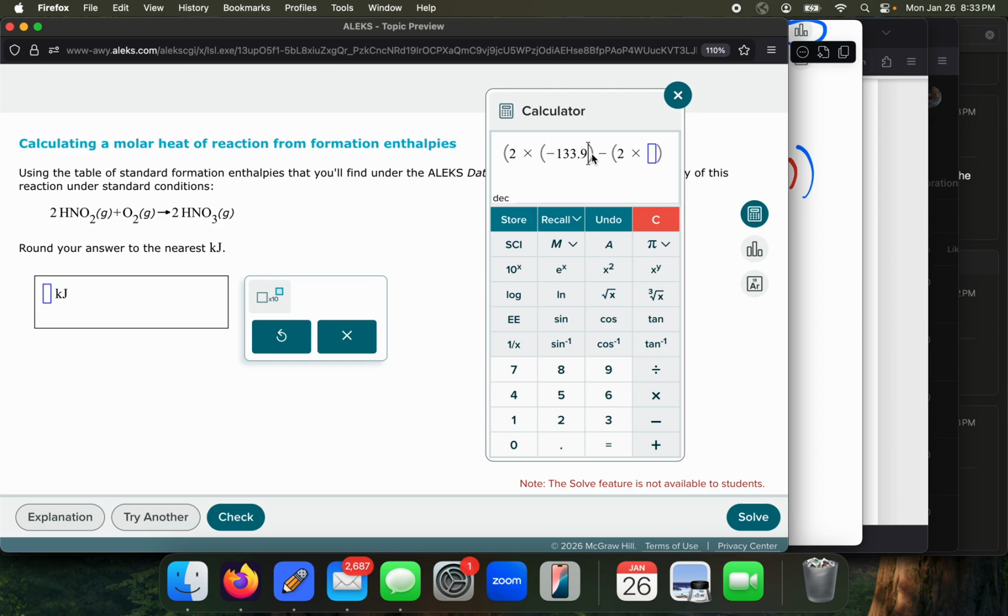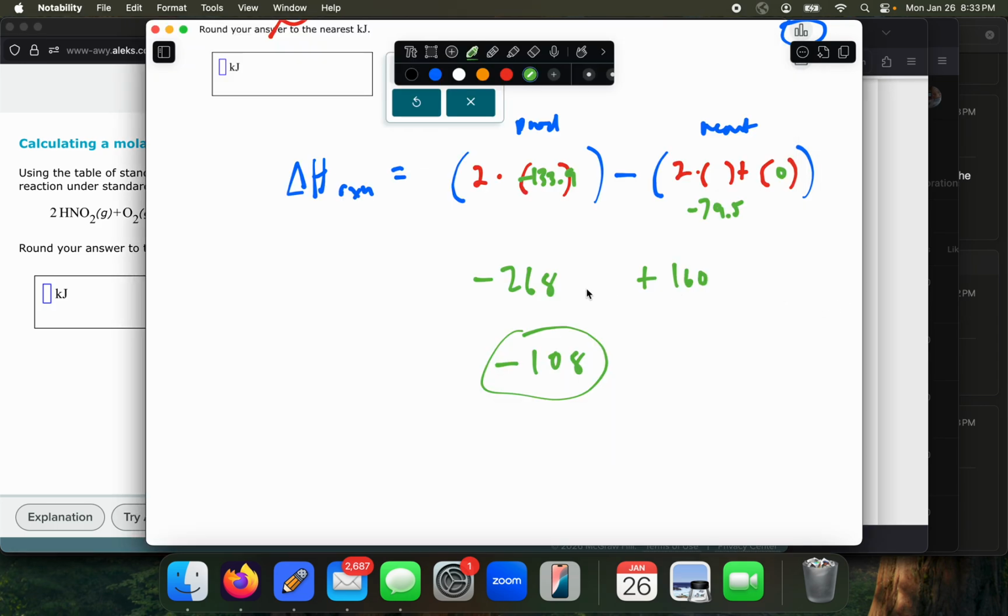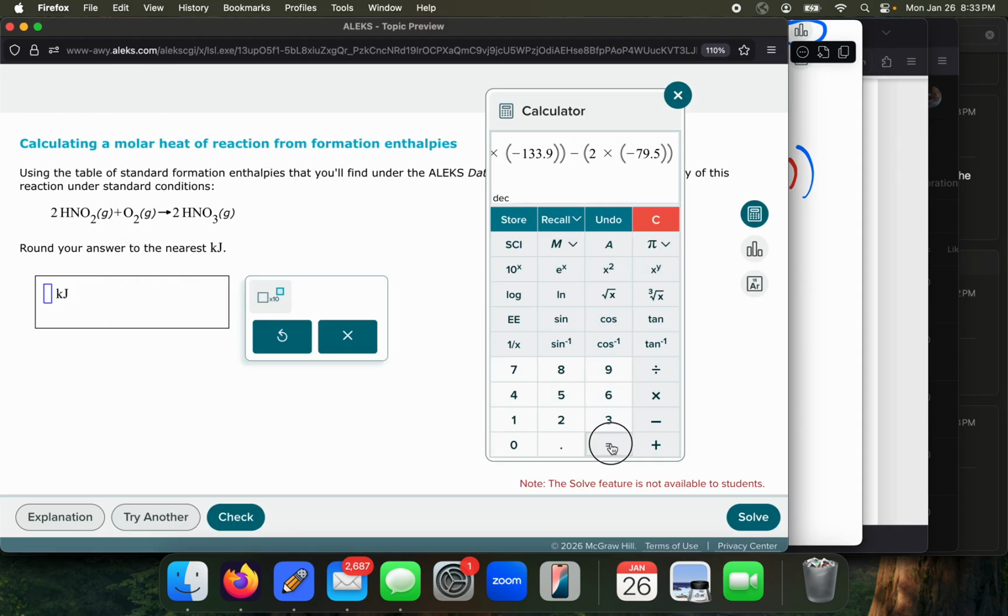And this was minus 79.5. Let's go back over the notes and make sure we got that right. Minus 133.9, minus 79.5, and it ought to give me close to negative 108, and it does, minus 108.8. It says to the nearest kilojoule, so I'm going to say minus 109.